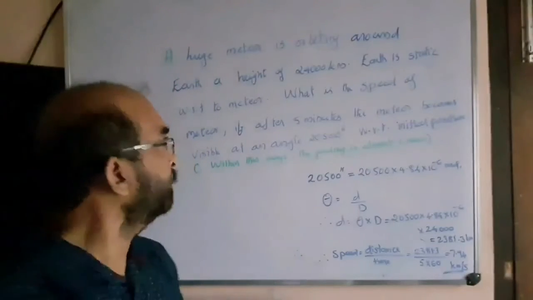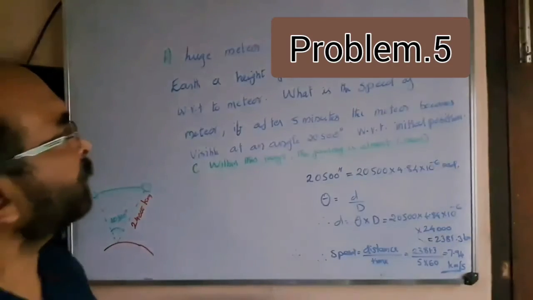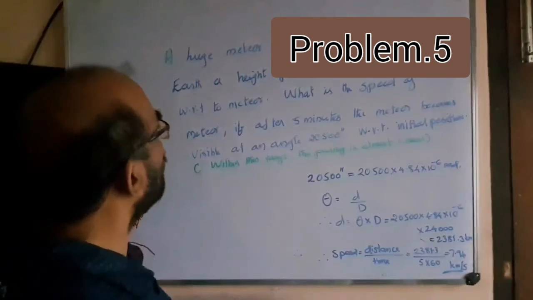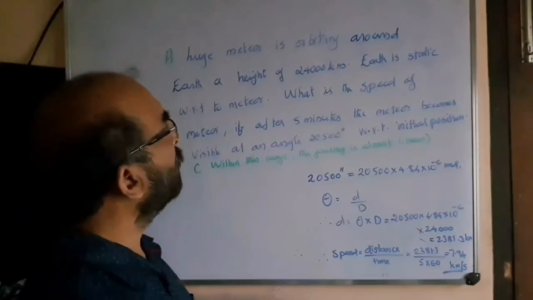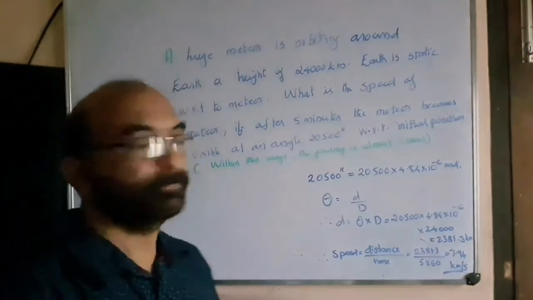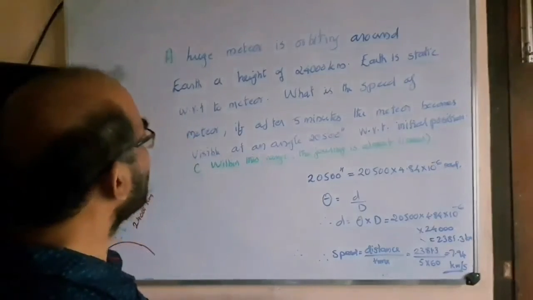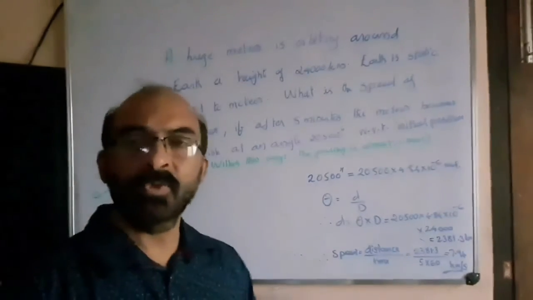The last problem. A huge meteor is orbiting around Earth at a height of 24,000 kilometers. Earth is static with respect to the meteor because Earth is moving along with the meteor.